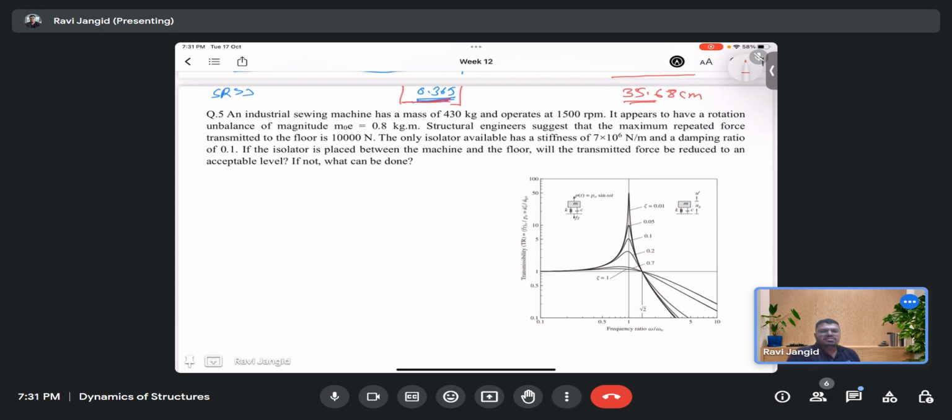If we need the isolator to perform well, we have to design it such that there is a sufficient gap. Then our isolator period should not be 2 seconds, it can be 3 seconds, it can be 3.5 seconds, like that. Means we need to increase the damping in the superstructure. To get effective base isolation, you should have a significant difference between the isolated period and the fixed base period.